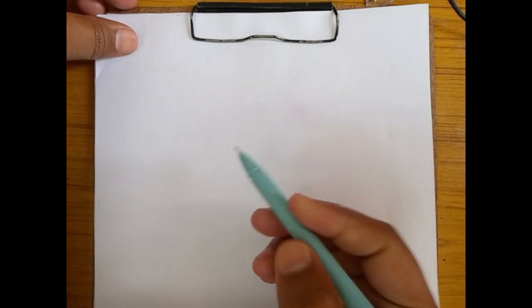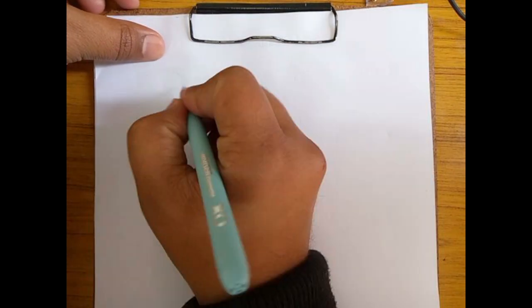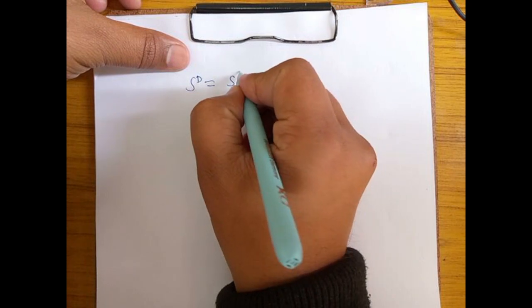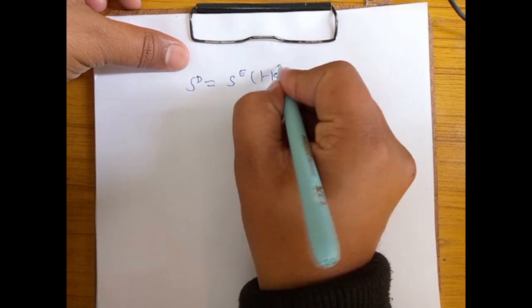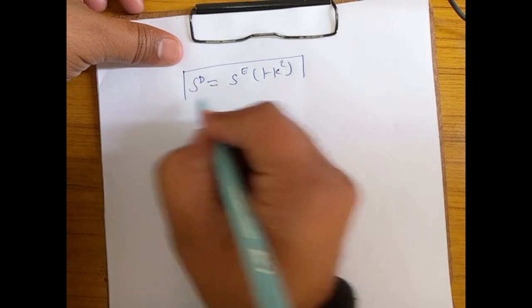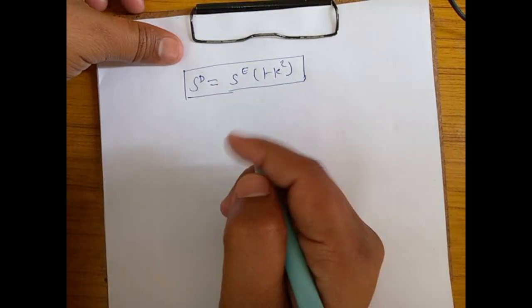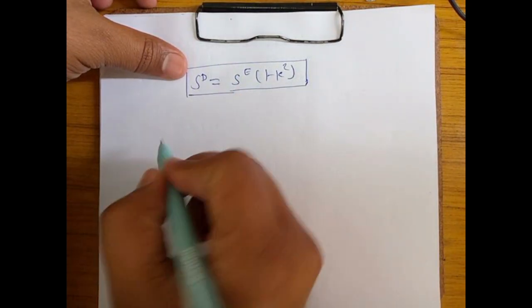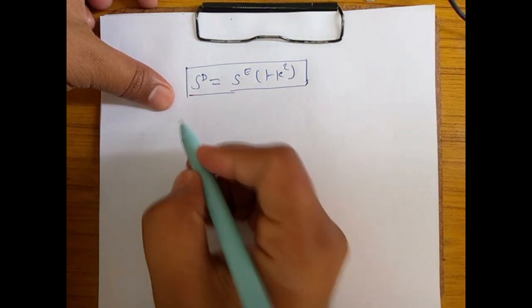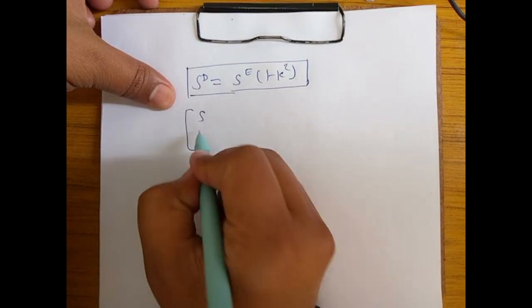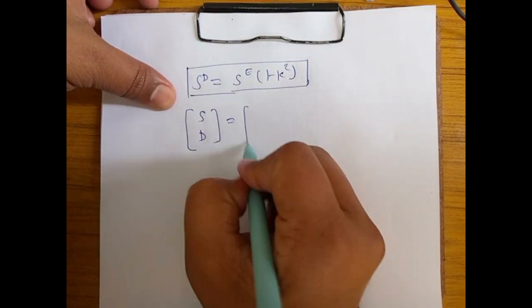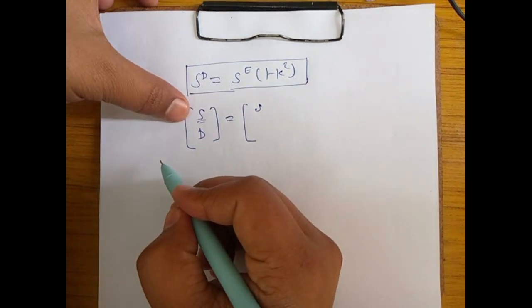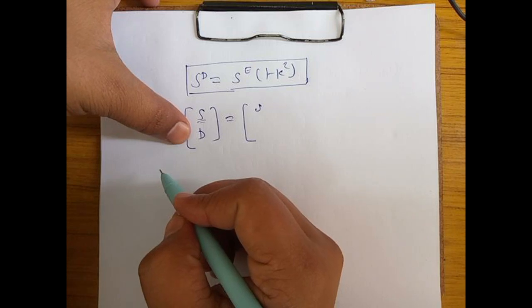Okay, so we have to prove that s^T is equal to s^E times (1 minus k square), right? So we will prove this expression. For a piezoelectric material, the constitutive equation or the matrix will be as follows. Here small s represents the strain, and D is the electric displacement.